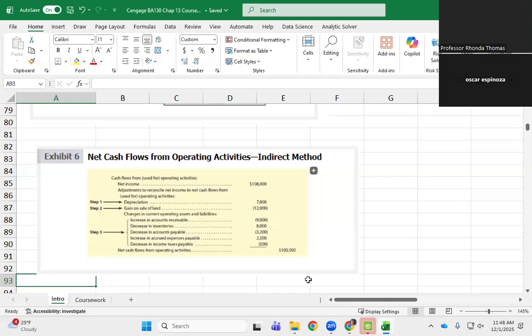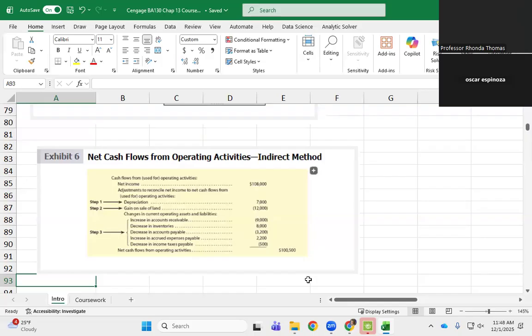How about liabilities? If you have a liability that goes up, it's the opposite. You add the change. And then finally, if a liability goes down, you subtract the liability change. And so you got to look at all of them, right?